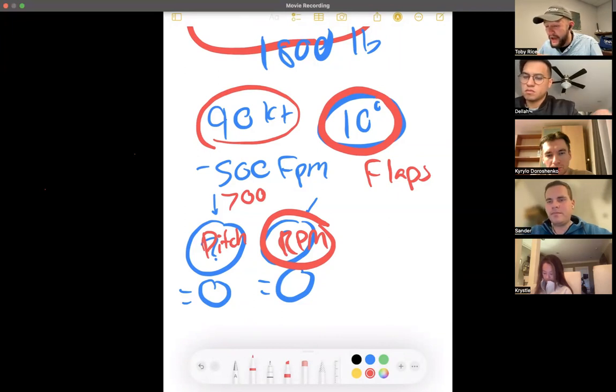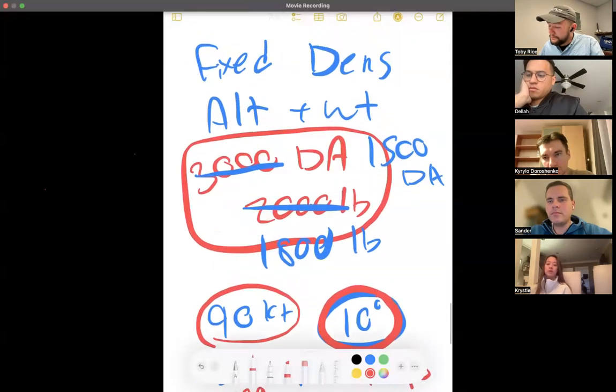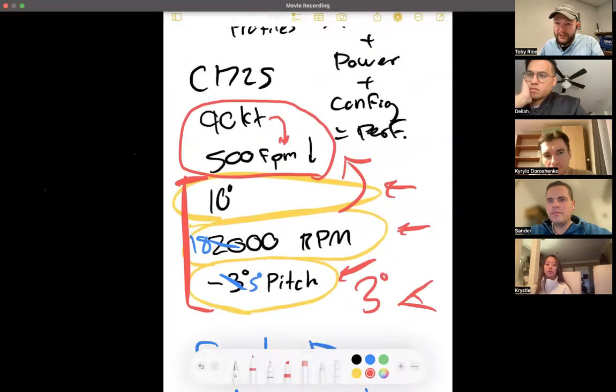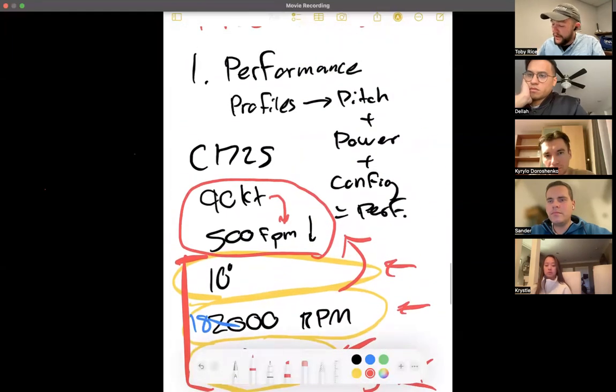It may be that you're at a higher density altitude, so the temperature may be hotter outside. Or maybe the airplane is heavier. It could be a variety of things. But these numbers tell you what to expect on the airplane. This is very important.